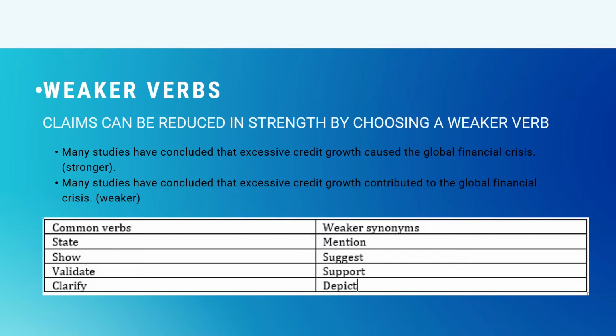There are some weaker synonyms for common verbs. For example, state, and its weaker synonym is mention; show, suggest; validate, support; and clarify, depict.